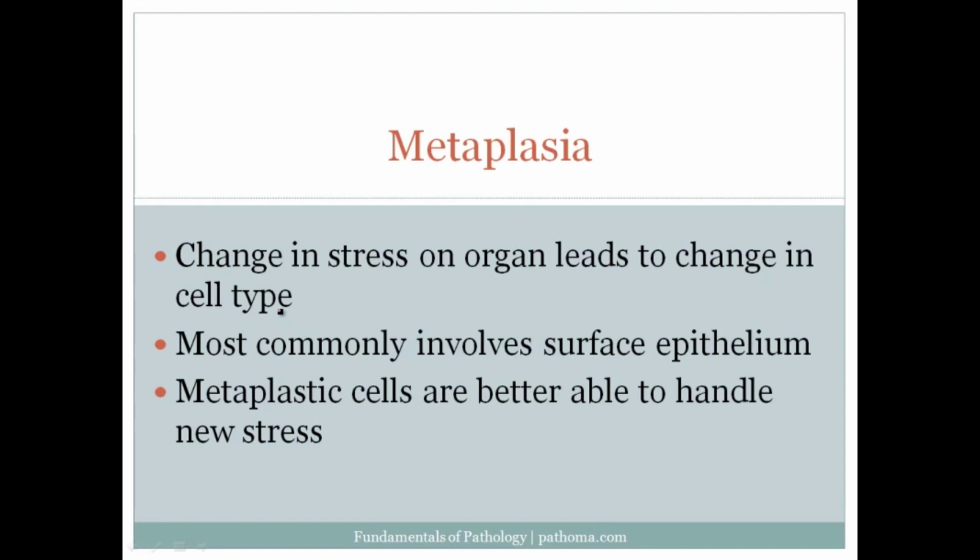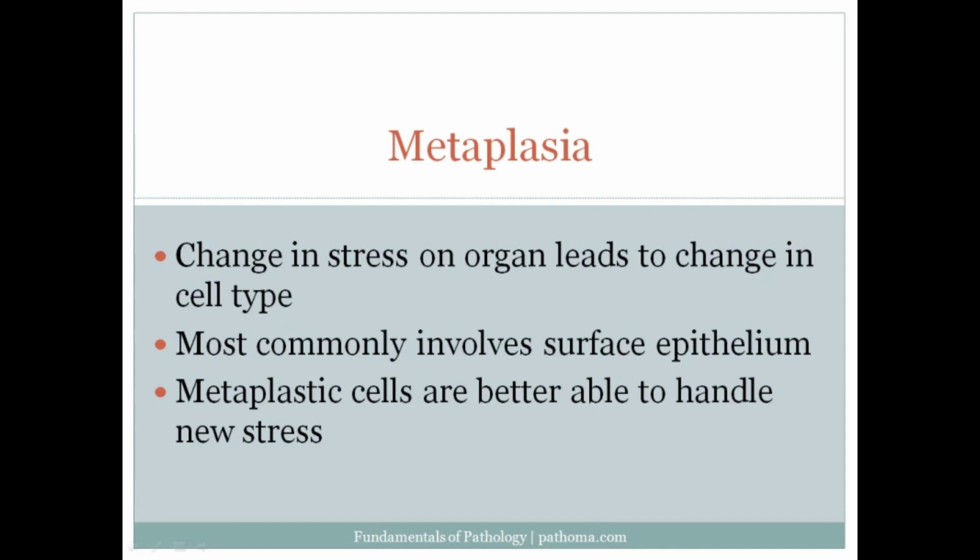The second type is columnar epithelium. A lot of the gut, for example, is lined by columnar epithelium. And the third type is called transitional epithelium or urothelium, and that's the epithelium that predominantly lines the urinary tract.